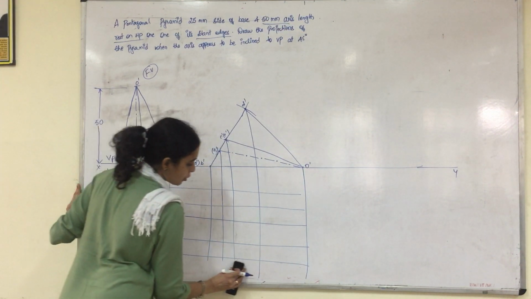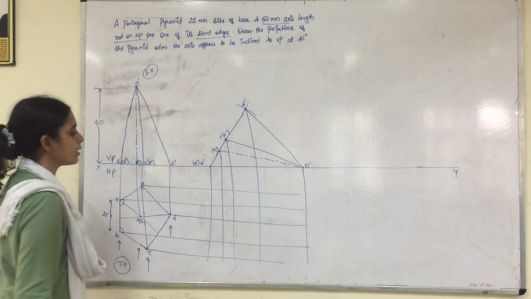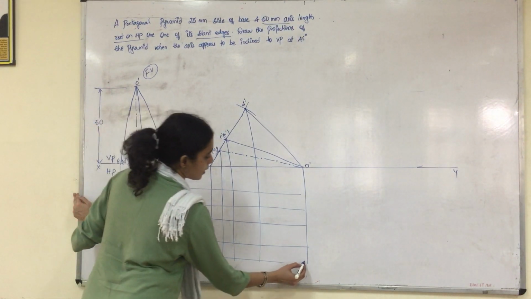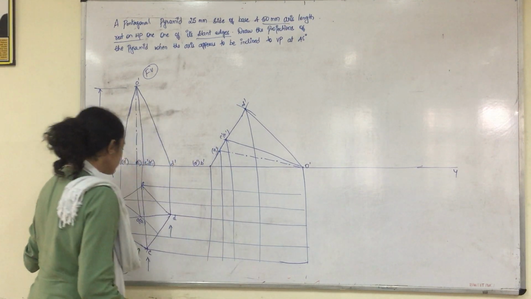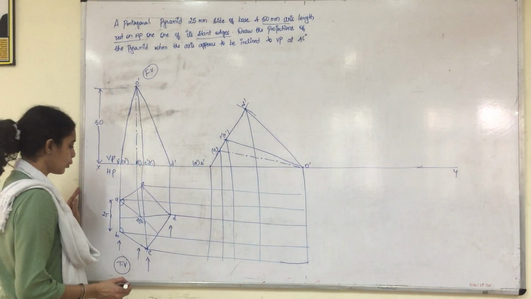After you draw the projection, kindly erase the extra lines. Once you erase the extra lines, you can start reading the locus.